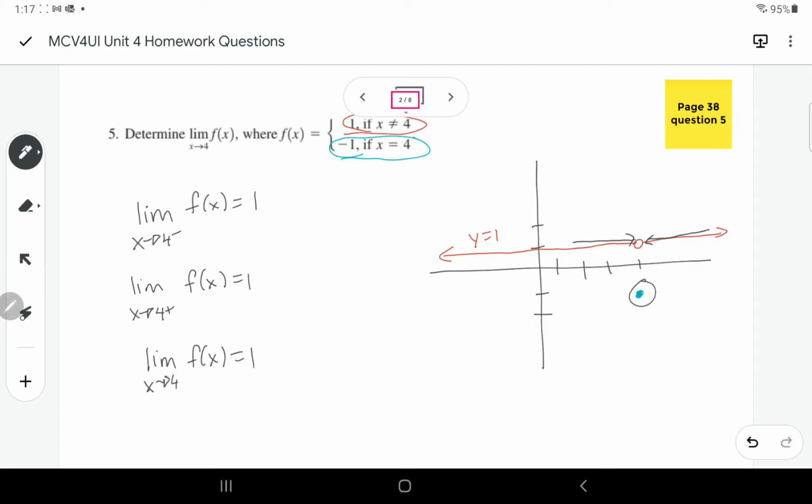What it actually equals at x equals 4 doesn't matter. You're just figuring out what the y value is as you're getting closer and closer to 4. And you can go 3.999, 3.99999, or 4.00001, and the y values, no matter how close you get, are still going to be 1.